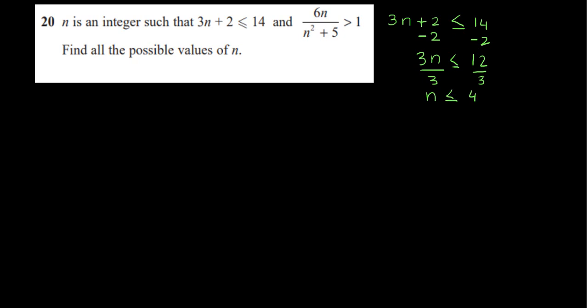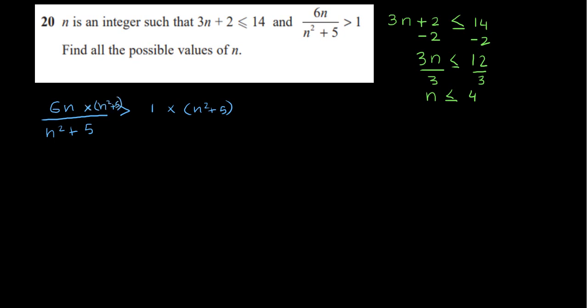Alright, the next bit, the quadratic one, I'm going to do it in a different color, and this is a bit complex. So it's 6n over n squared plus 5 is greater than 1. First thing, I multiply both sides by n squared plus 5. Multiply this also by n squared plus 5.